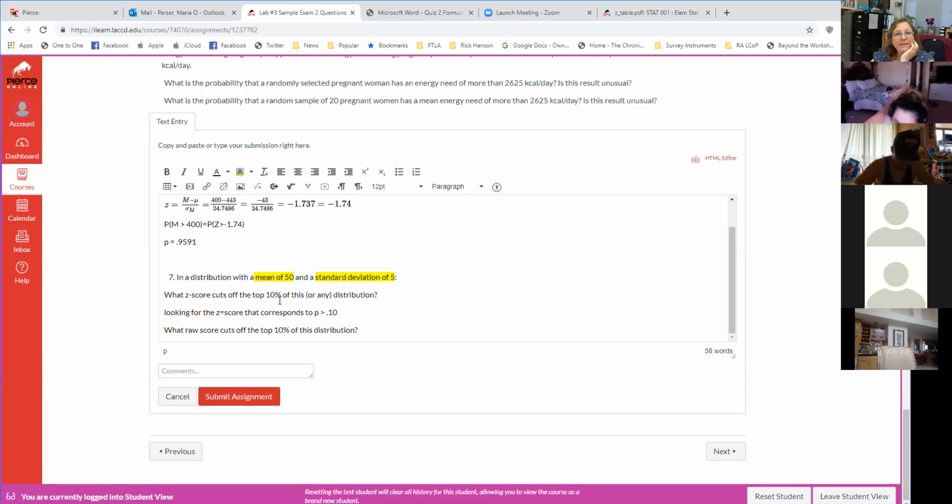Put your mean, and then what's the top 10%? Is it to the right or to the left? It's going to be to the right, a small section. So you just shade in a small area, and you're going to look for P greater than 0.10.